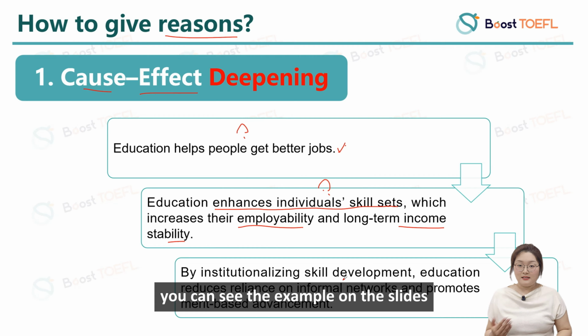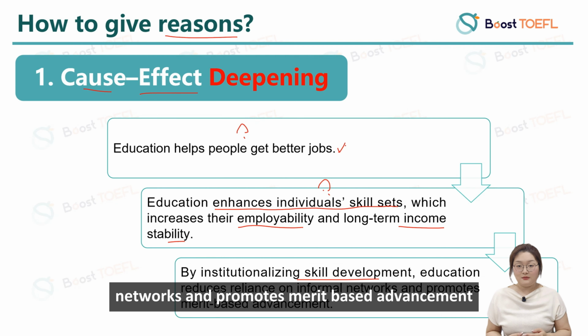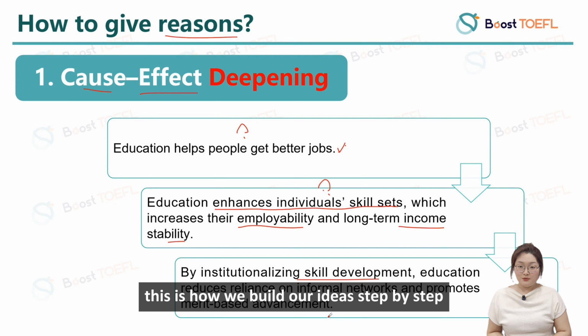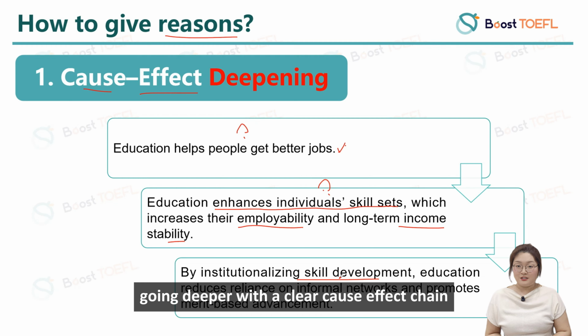You can see the example on the slides. By institutionalizing skill development, education reduces reliance on informal networks and promotes merit-based advancement. This is how we build our ideas step by step, going deeper with a clear cause-effect chain.